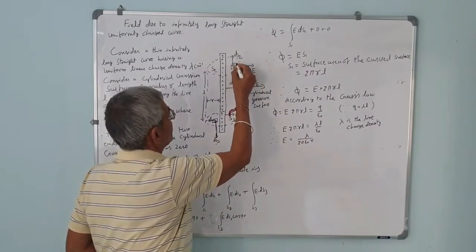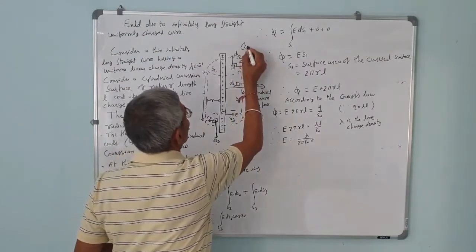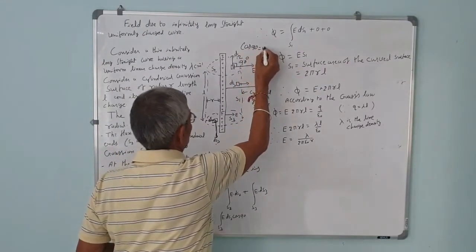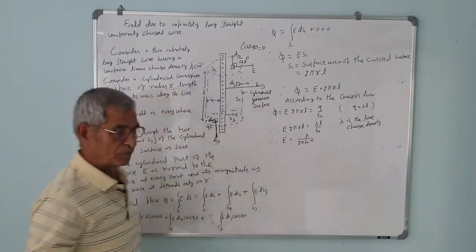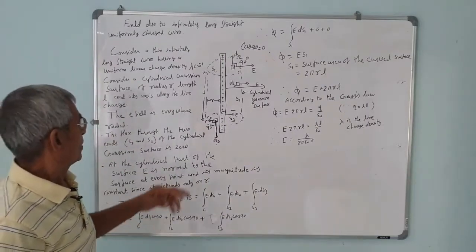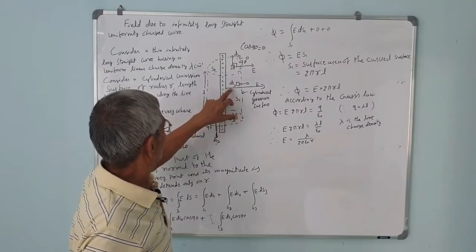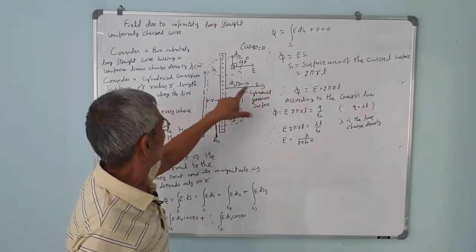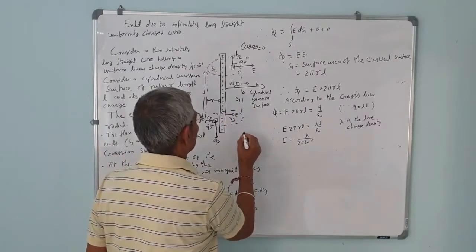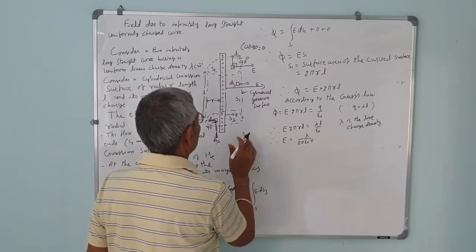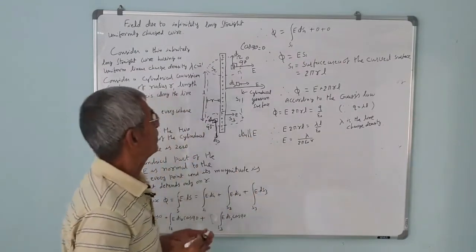So this angle is also 90, cos 90 is 0. The area element ds1 on the curved surface S1 is along the direction of E, that is parallel to E.